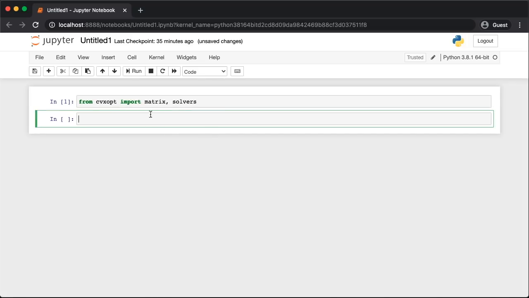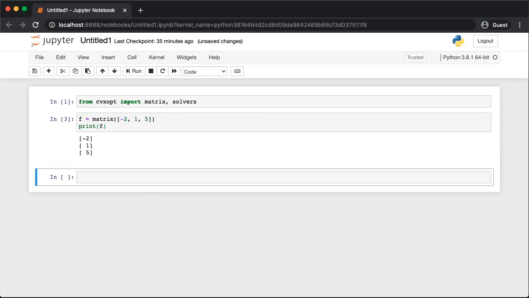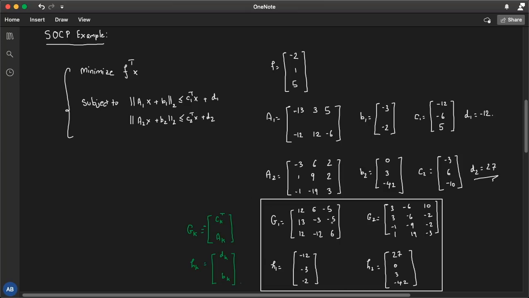So first thing I want to do is define my F vector, that is minus 2, 1, and 5. You can go ahead and print it as such. The second thing you'd want to do is define your G. Well, let's start with G1 first. It's this matrix, so let's fill it up.